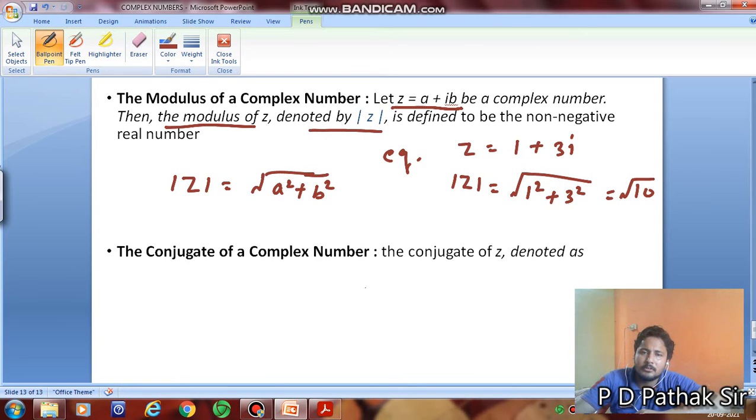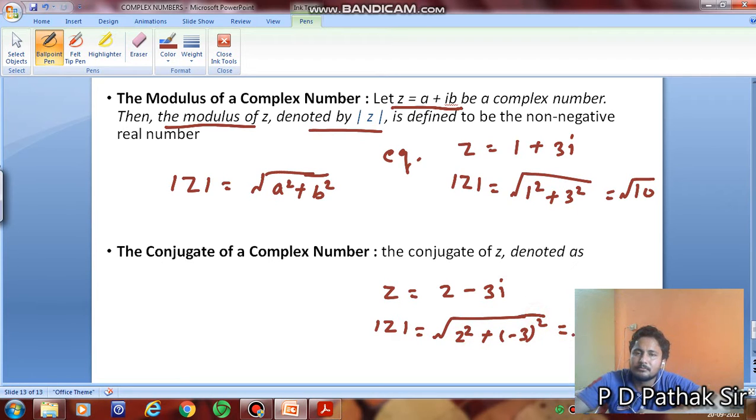Next, if z = 2 - 3i, then the modulus of z will be root of 2² + (-3)², and your answer will be 4 + 9, root 13. So this is the modulus.